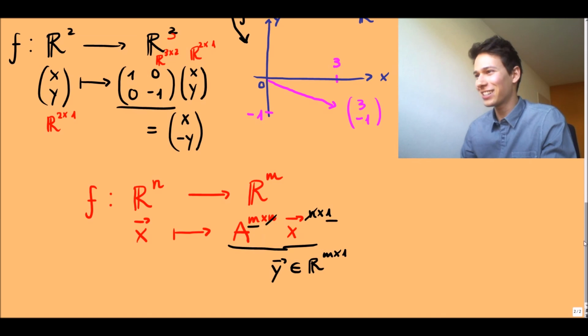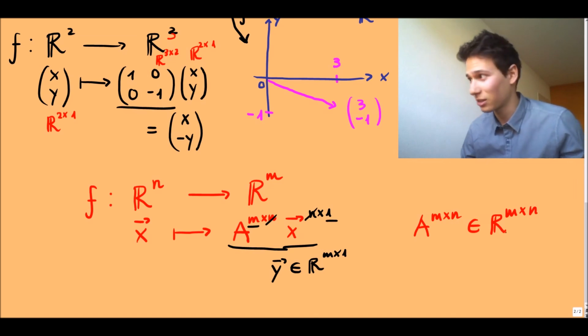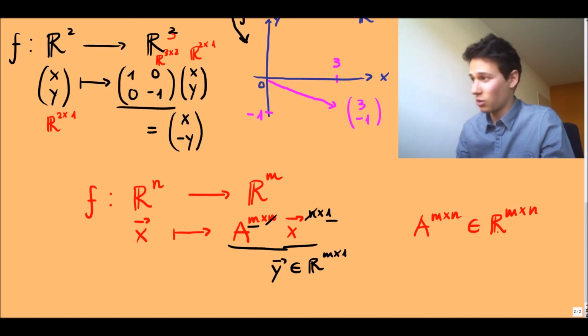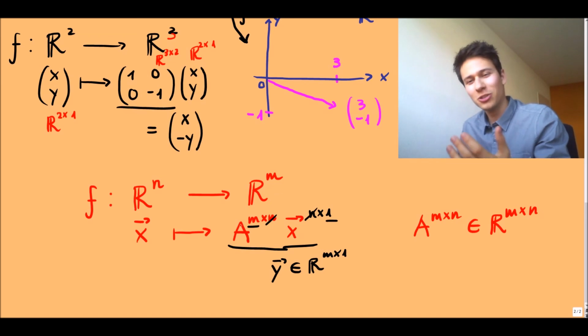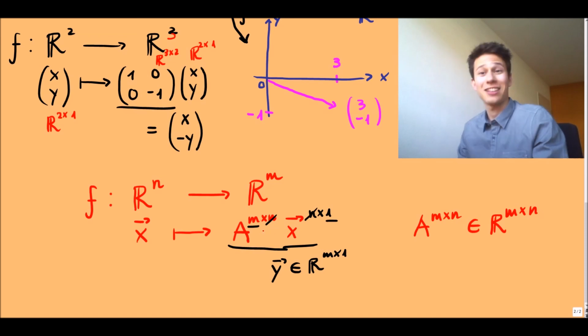So now you see how we can use a matrix, in this case this A, an m cross n matrix, which is obviously an element of R m cross n, and it could have been also an element of C with this dimension, the complex vector space, but we just focused on the real vector spaces. And so you see now how you can use these matrices to describe maps from one coordinate space to another coordinate space.